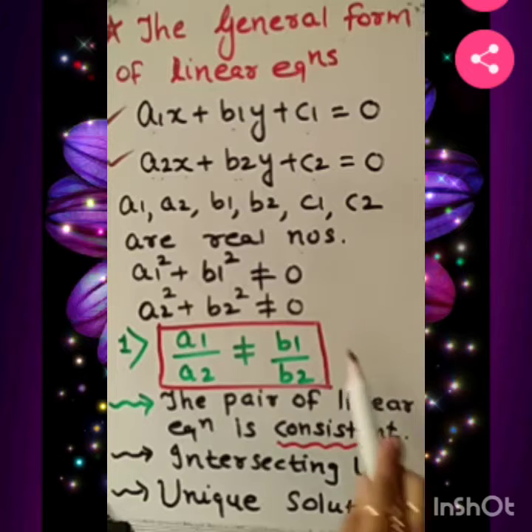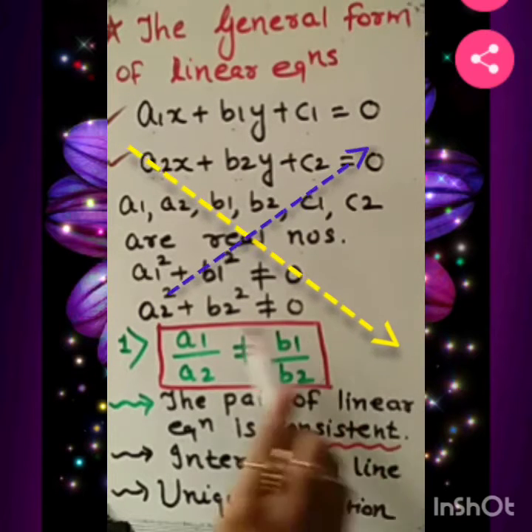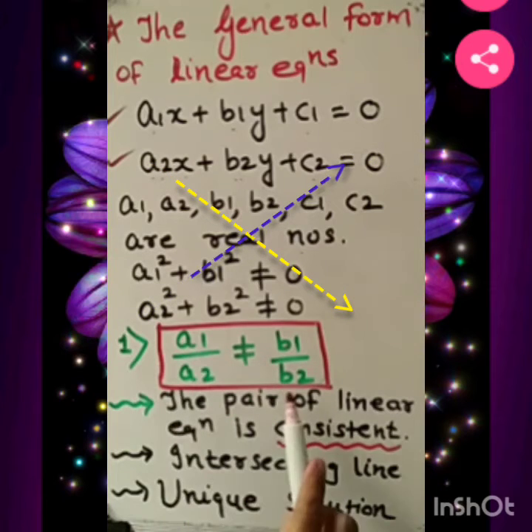Whenever we can say, means without solving with the graphical method, we are able to say the two lines which we will have, what is the connection between those two lines? They must be intersecting line. Through only this result, taking the ratio, we are able to say the lines should be intersecting.